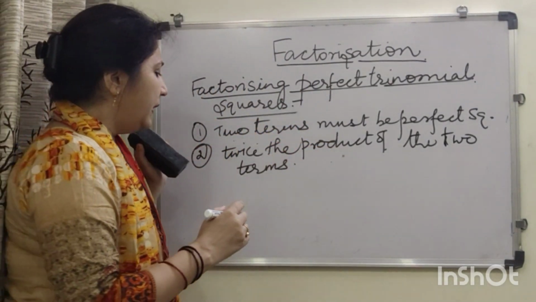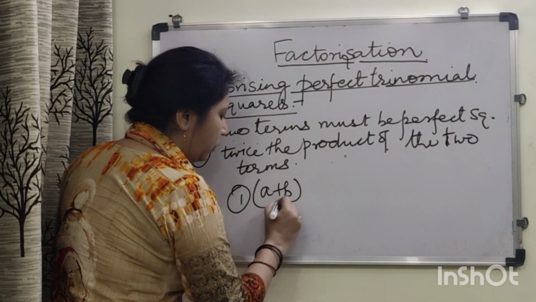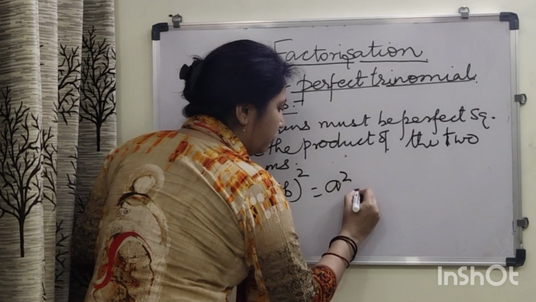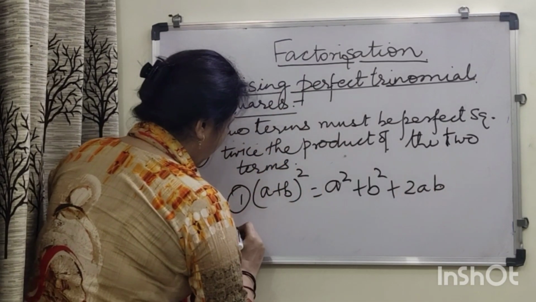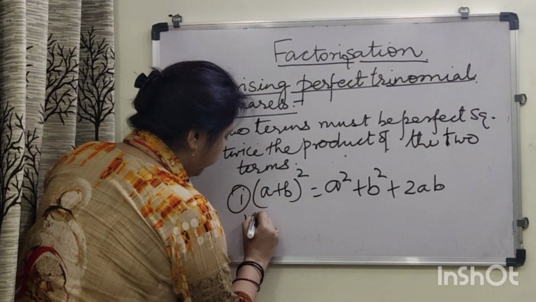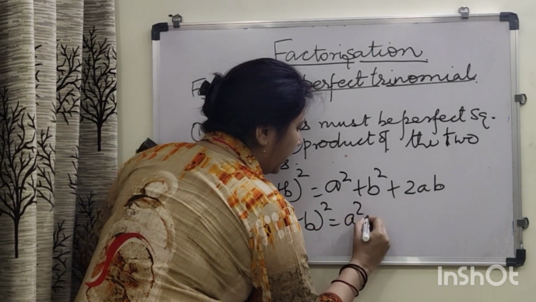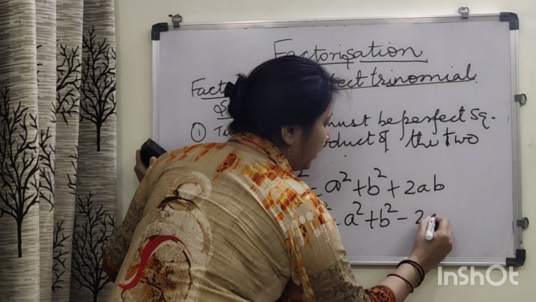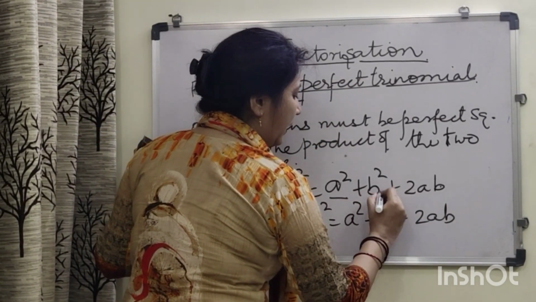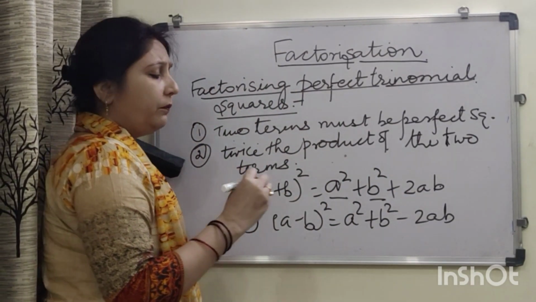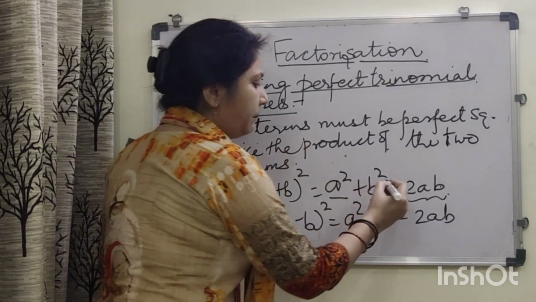In that case, either you will get identity a plus b whole square, which is equal to a square plus b square plus 2ab, or you may get a minus b whole square, which is a square plus b square minus 2ab. Children, you can see in these two trinomials, these two are the whole square terms and this is twice the product of the two terms with plus sign.